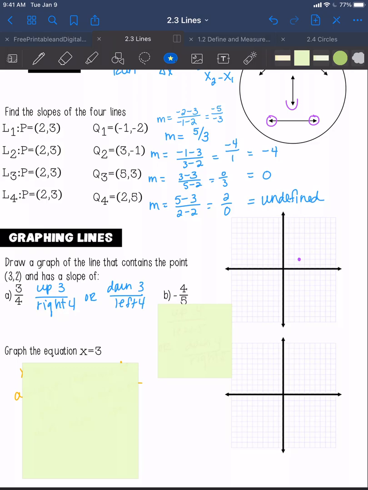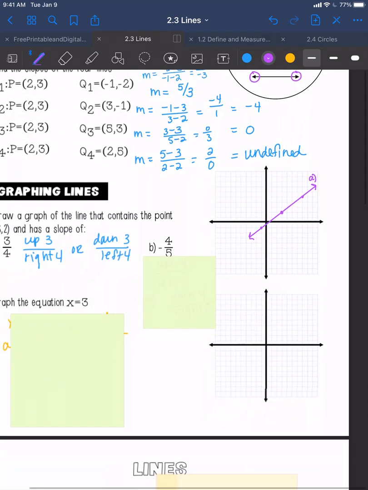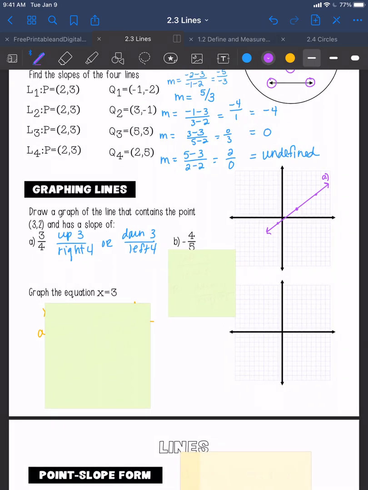Or you can go down 3, left 4 to keep it a positive slope. So up 3, right 4. Or down 3, left 4. And you can connect your points. So that's what the graph for the slope of 3/4 through the point 3, 2 looks like.